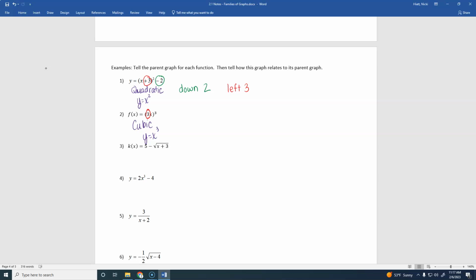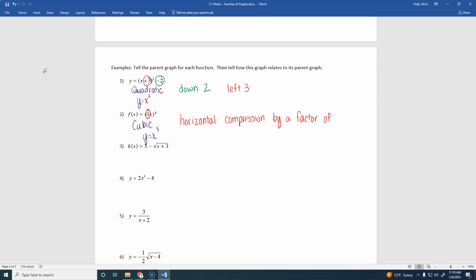Horizontal shrink. Good. Horizontal. I'm going to use the word compression, but shrink is also okay. So horizontal compression, and I want to tell the factor. So by a factor of, and so we know it's horizontal because it's on the inside.